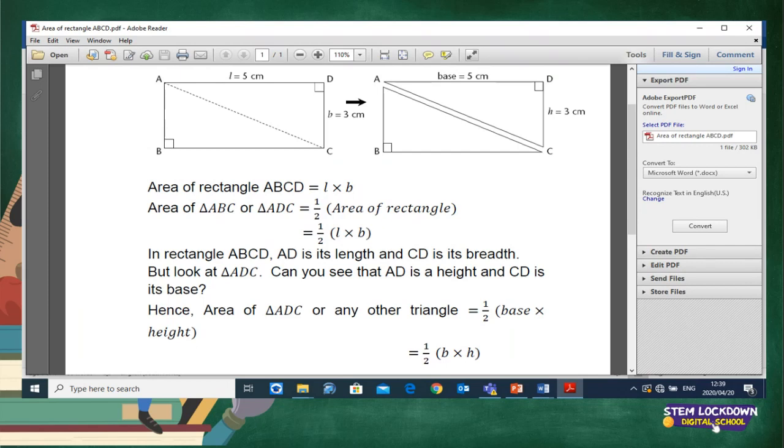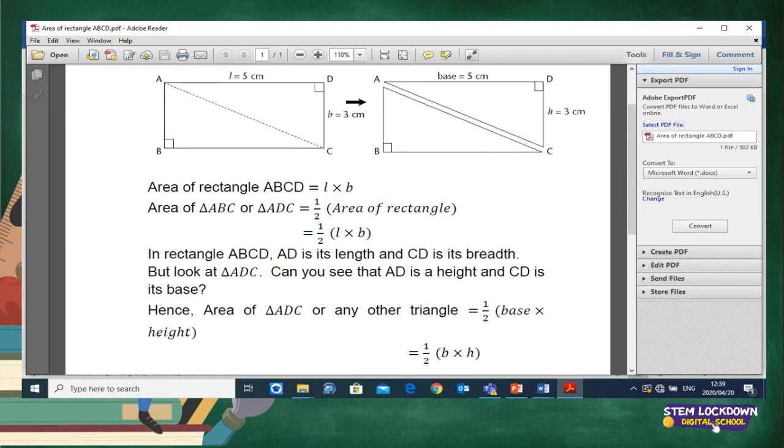So half of the base times height, half of B times H, where B stands for the base and H stands for the height. So we now know how to calculate the areas of those polygons: the square, the rectangle, and the triangle.